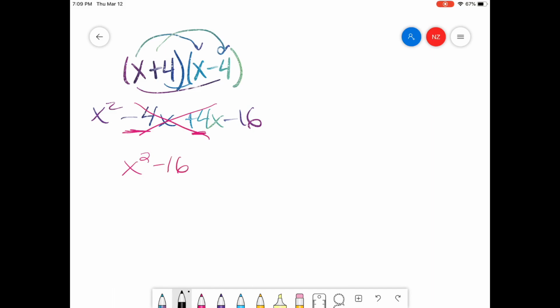So if I have a situation that looks like as follows, if I have a plus b, and then I have the same thing, but it's a minus b, then I know that I'm going to get the following. I will have something that is whatever a squared is, minus whatever b squared is, okay?